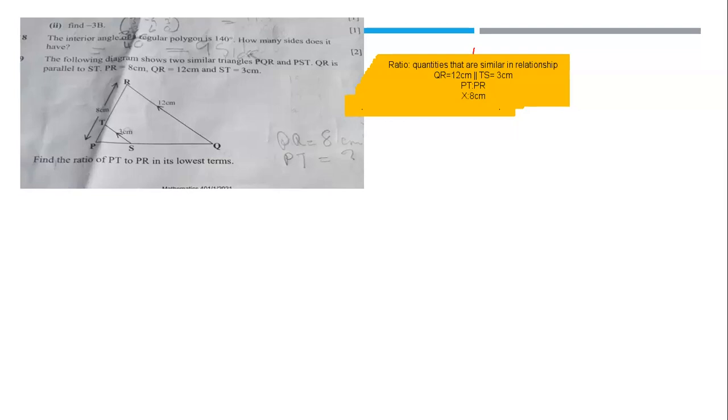In other words, they are asking how much PT will cover if you draw a line of 8 centimeters. This is the problem that we establish. What we need to do is establish a relationship.